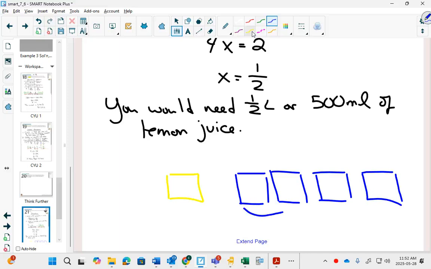So if this whole part here was 2 liters, you just need to divide your 2 liters by 4 to figure out your lemon juice, not divide it by 5, 1/5, or 20%. It's kind of a nice visual for figuring this out. It might be what you could do to solve any question.